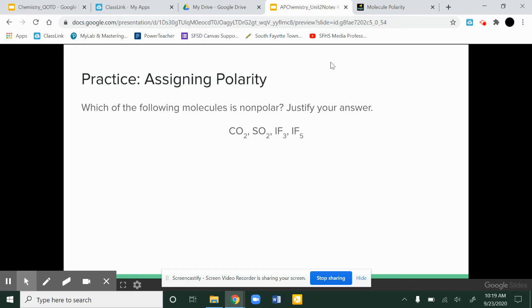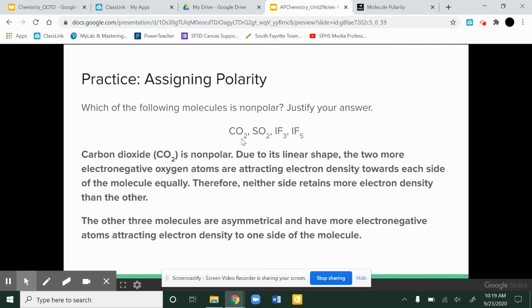Which of these would you classify as nonpolar? Justify your answer. Carbon dioxide is really the only nonpolar molecule in this set because it's linear. You draw its Lewis structure, CO2 with two double bonds. Those oxygen atoms are pulling equally in opposite directions.